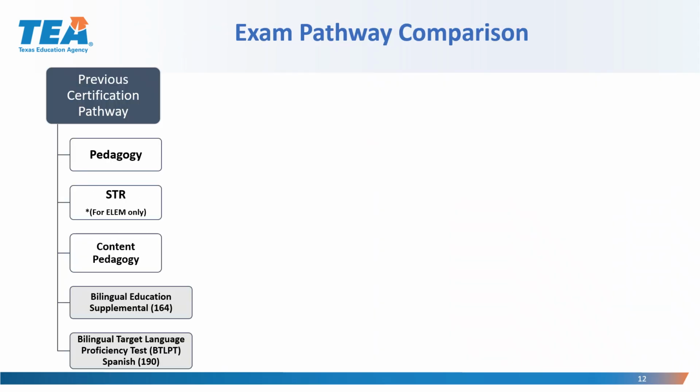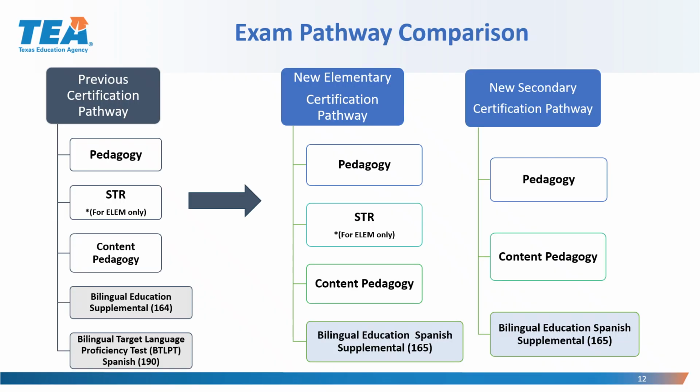Offering a streamlined exam changed the exam pathway to achieve certification. Previously, candidates would have to take up to 5 exams to achieve bilingual certification, including pedagogy, STR, content pedagogy, Bilingual Education Supplemental 164, and the Bilingual Target Language Proficiency Test, or BTLPT 190.